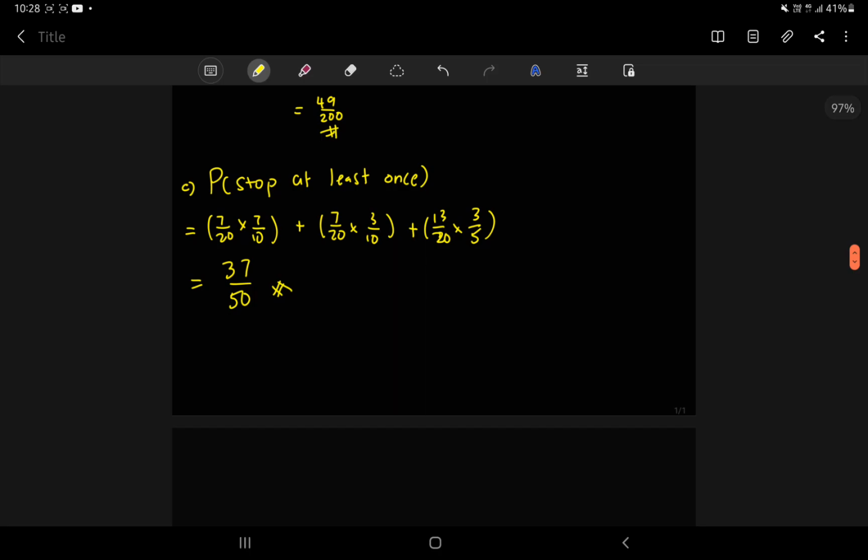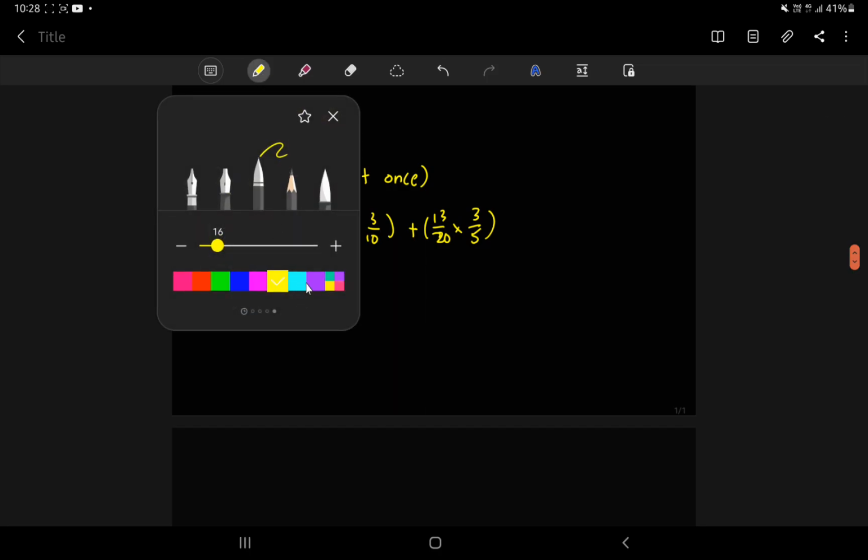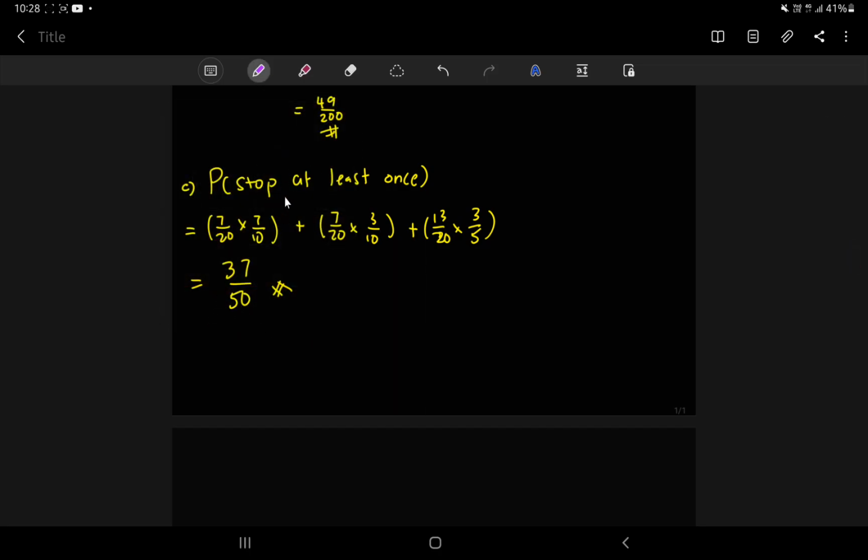Or the alternative is, you can do it like this. The probability of stopping at least once is 1 minus the probability of not stopping at all.